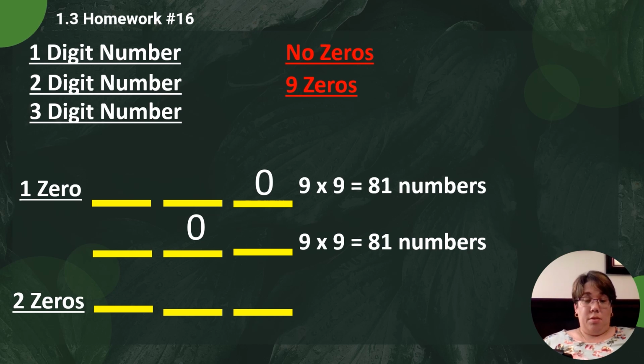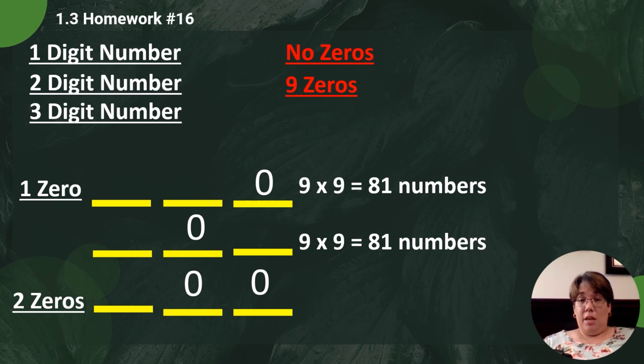2 zeros. All right. So for 2 zeros, I'm going to put 2 zeros right there. If I have 2 zeros in a 3-digit number at the end, how many possibilities are there? What are my numbers that can go here? The numbers 1 through 9, right? So that's 100, 200, 300, 400, 500, 600, 700, 800, 900.